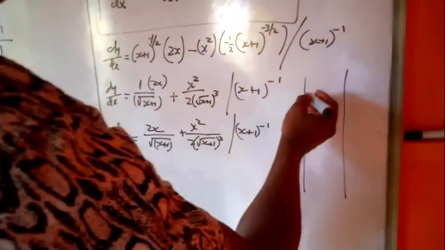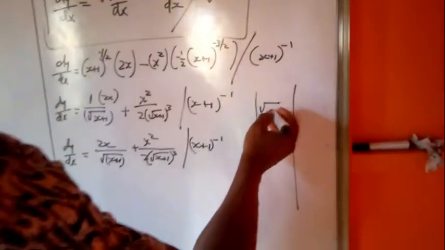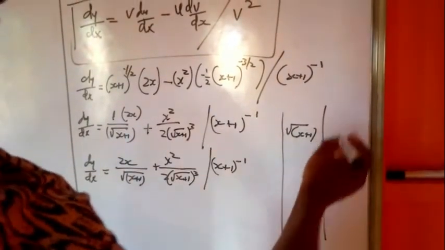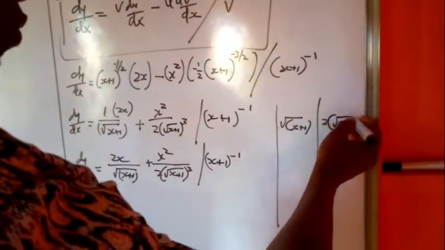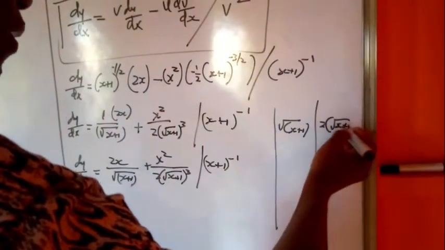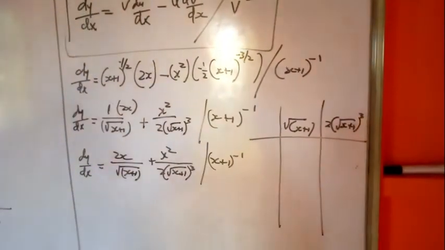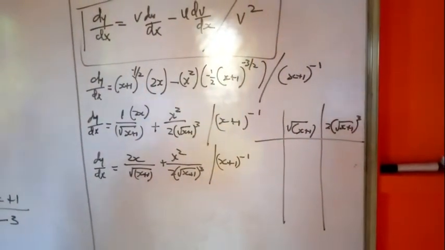If our two factors are root x plus 1 and 2 root x plus 1 raised to power 3, we have to find the LCM of these factors.